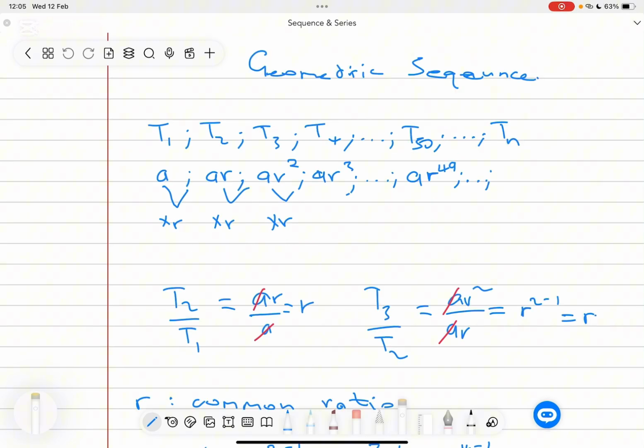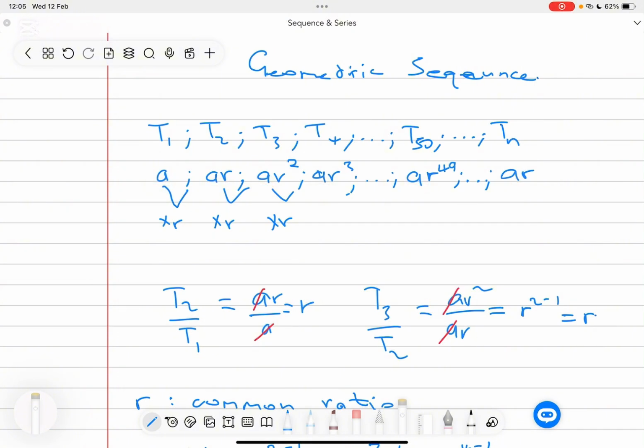This would imply that the nth term here, if we were to define it, will be given by the first term a, and we multiply that by r. Remember, we already know that the first term appears in all the terms.